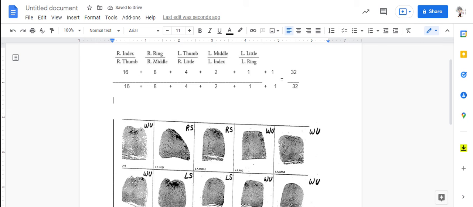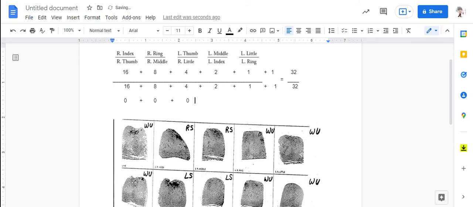So what about those loops and arches? Well, they get zeros. So if a hand has only loops or arches, they will get zeros.